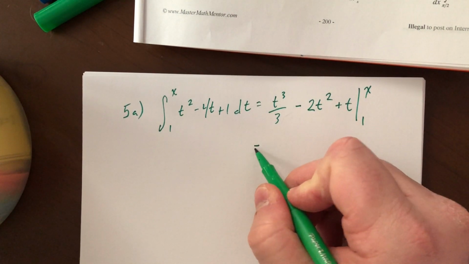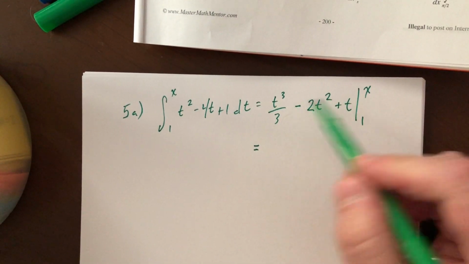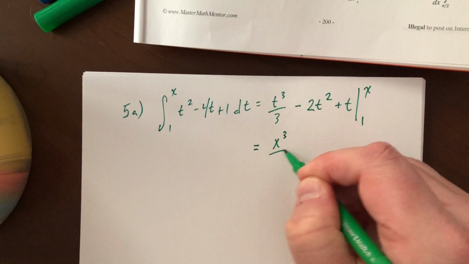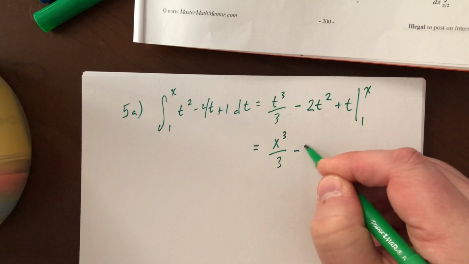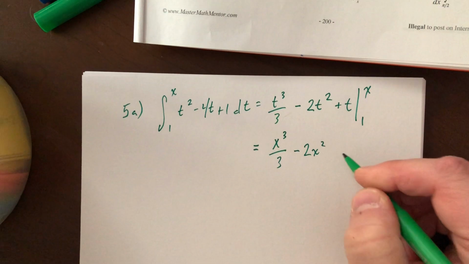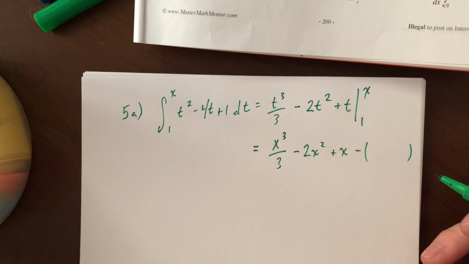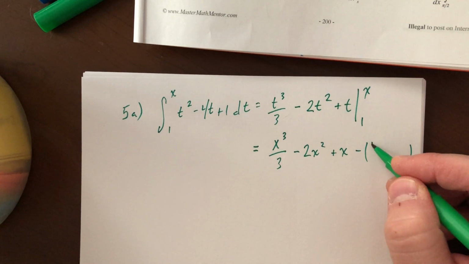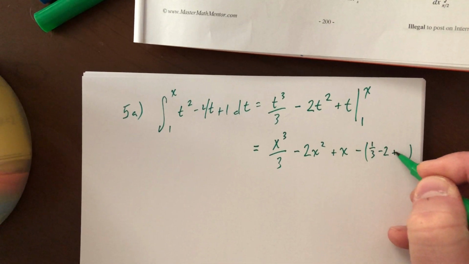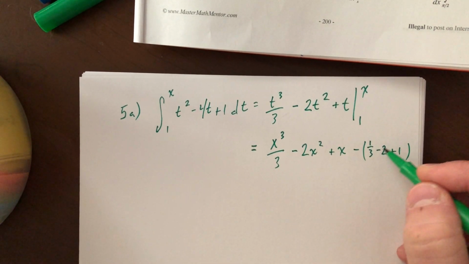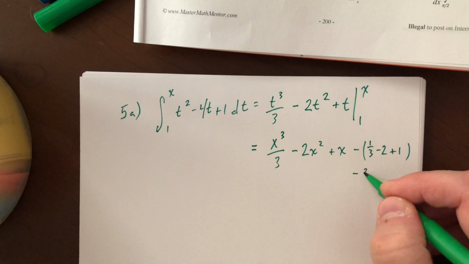We're going to wind up getting x cubed over 3 minus 2x squared plus x minus, and we'll plug in 1. So it's 1/3 minus 2 plus 1, so it's -1, -2/3.